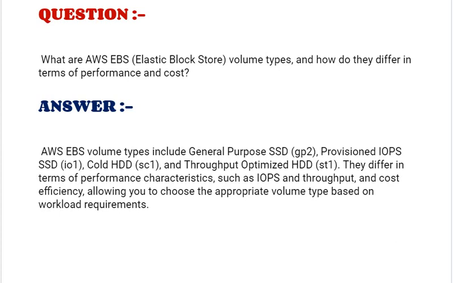Our next interview question is: what are AWS EBS, Elastic Block Store, volume types and how do they differ in terms of performance and cost? Your answer should be: AWS EBS volume types include General Purpose SSD (gp2), Provisioned IOPS SSD (io1), Cold HDD (sc1), and Throughput Optimized HDD (st1).